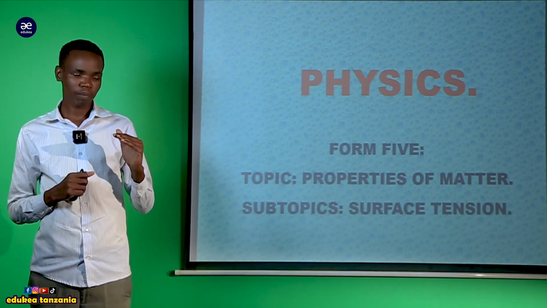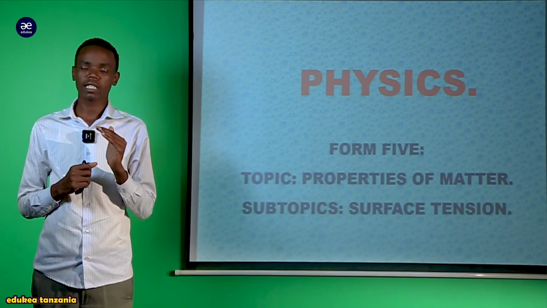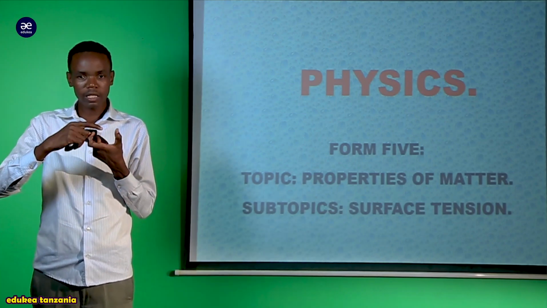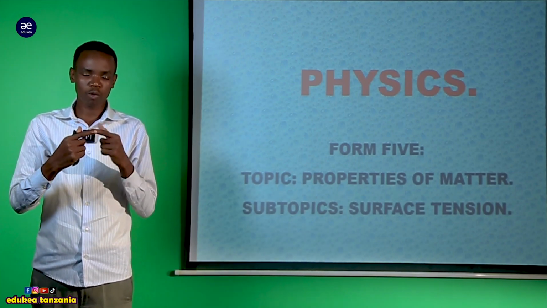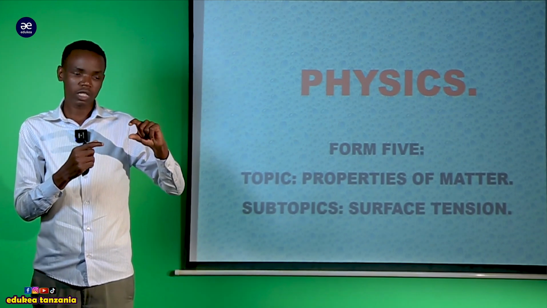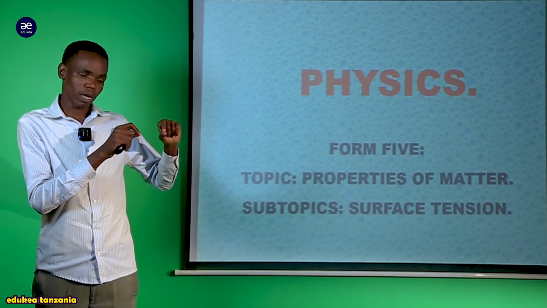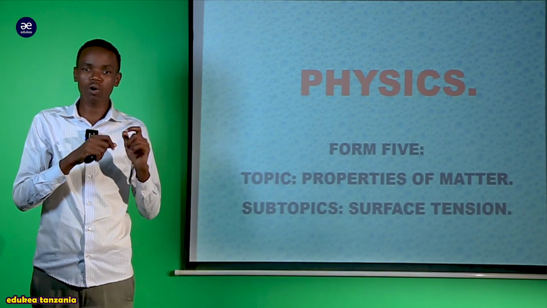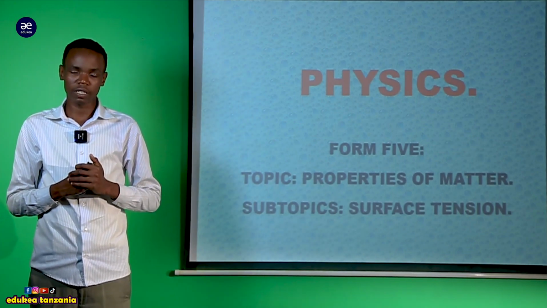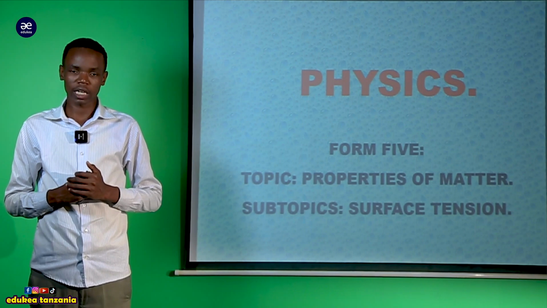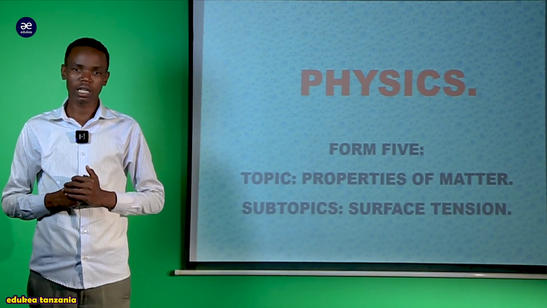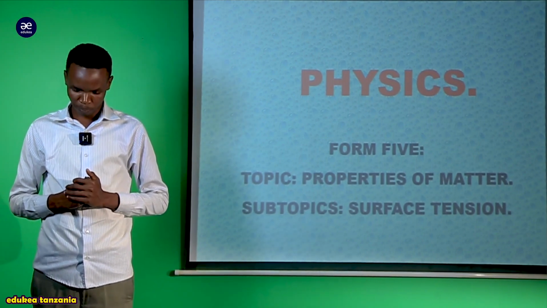And we said that the angle of contact, my dear student, is the angle that is formed due to the liquid surface and the solid surface at the point of contact. That is why we identify the angle of contact.